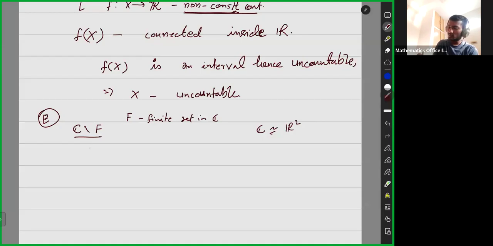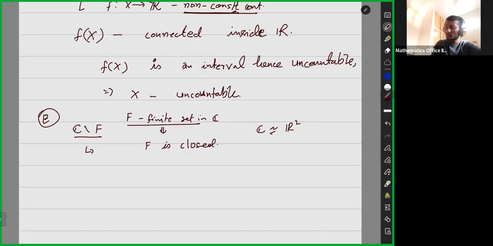C minus F is open. F is finite, this will imply F is closed, because why are finite sets closed? Closed sets are defined like this: whatever limit points of the set there are, they are inside the set. In a finite set, there are no limit points, so we don't worry about that. So they are closed, right? No limit points, so they are closed.